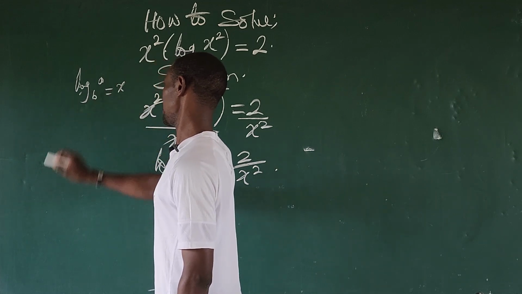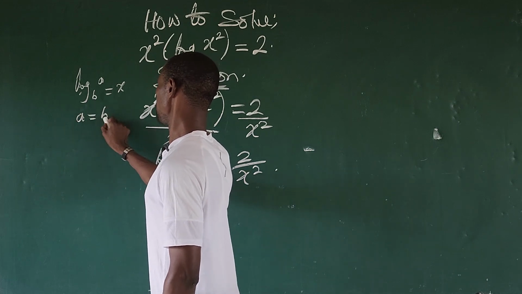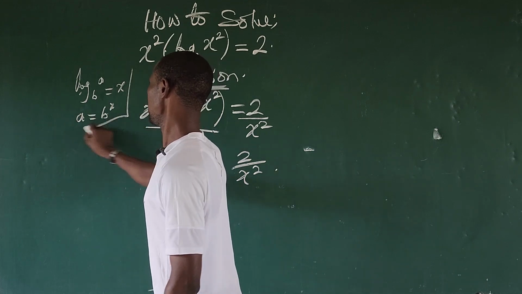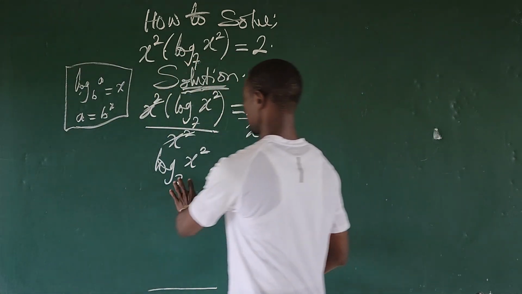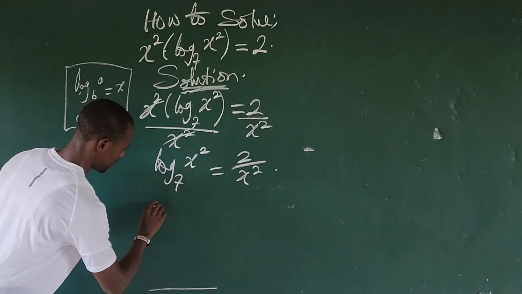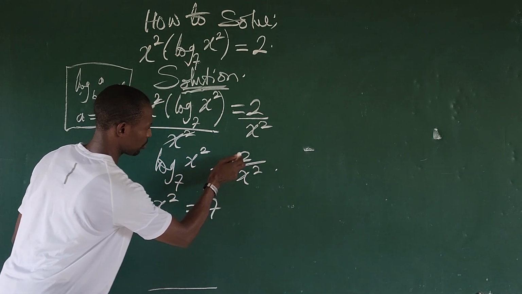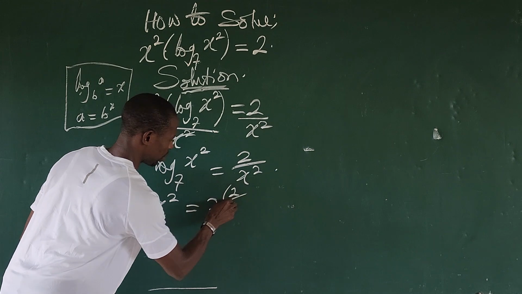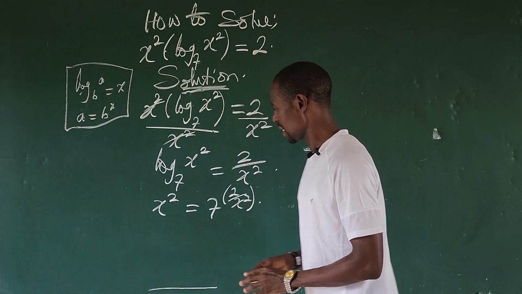When converted to indices, it gives us a is equal to b to the power of x. Okay, we all know this relationship, right? So we can apply that to this. If we convert, this will now give us x to the power of 2 equal to 7 all to the power of 2 all over x to the power of 2. Easy. So what do we do next here now?